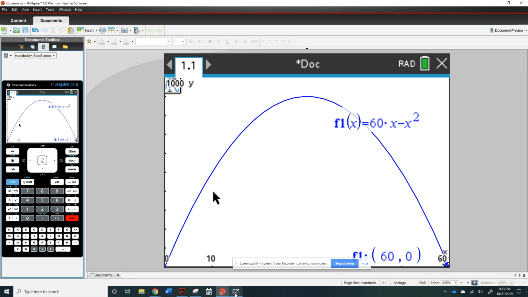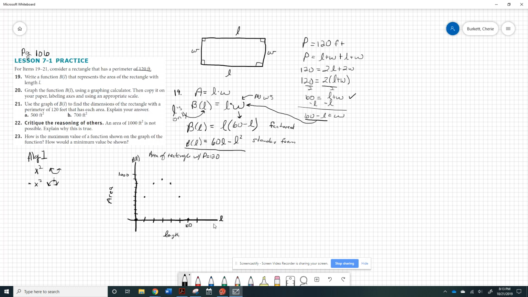So I've got those points, and now we just need to try to draw this. This goes down like that. That goes down like that. And this is the answer to number 20.